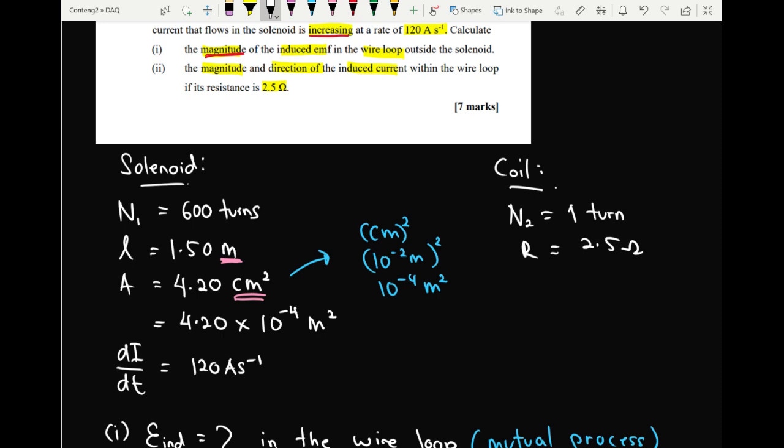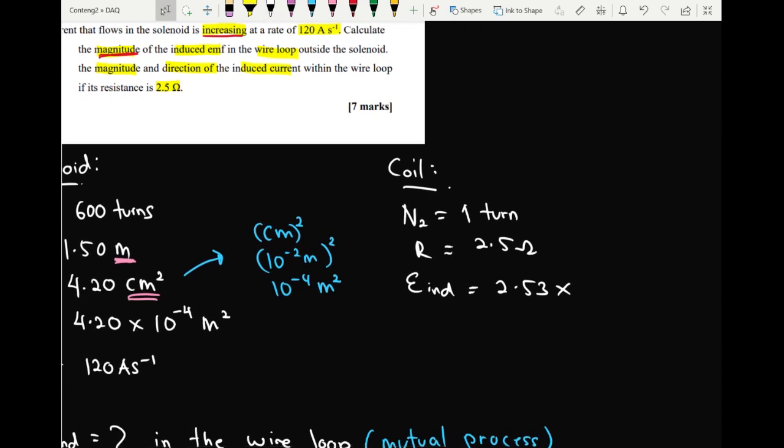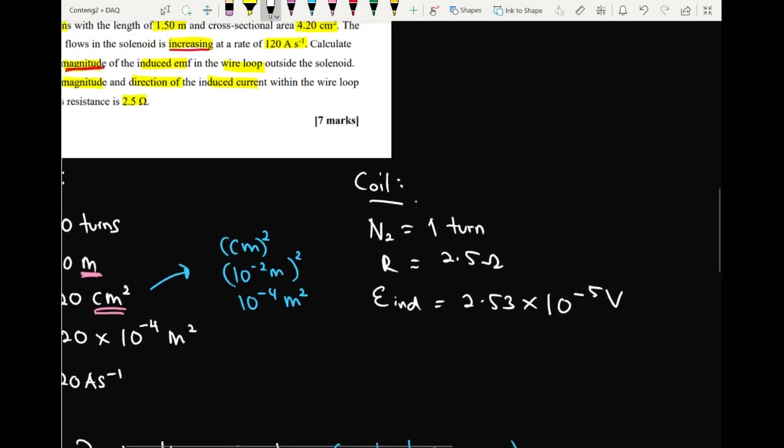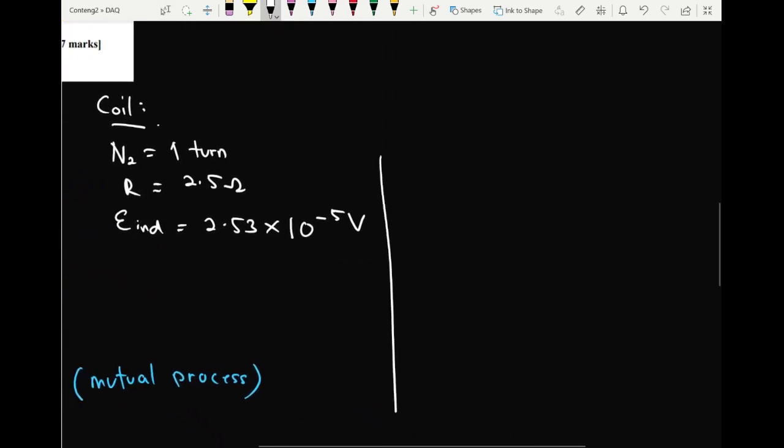And you also have the induced EMF for the coil, 2.53 times 10 to the power of -5 volt, which you calculated just now. How do you determine the induced current?